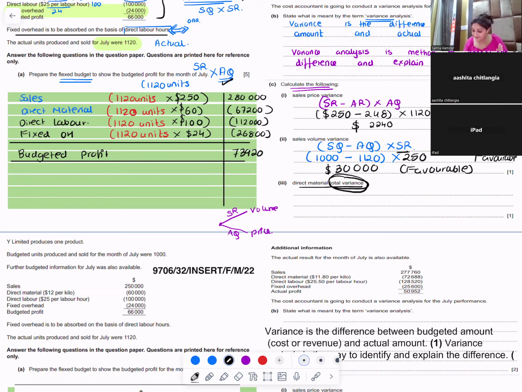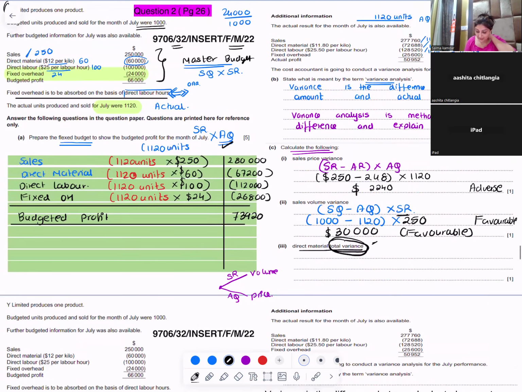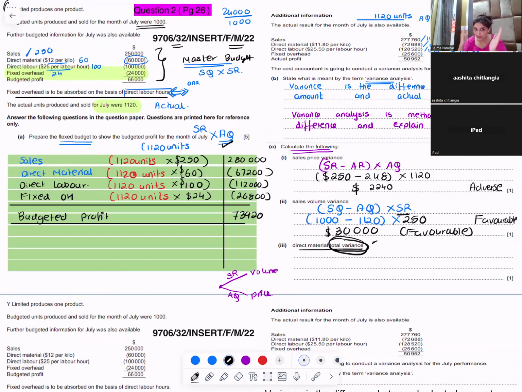Whenever there is total, you can directly take it. If there is price and volume, you will use the formula, but whenever there is total, you can directly take the total variance as per flexed and actual. You will always compare flex with actual. So you have to minus it.